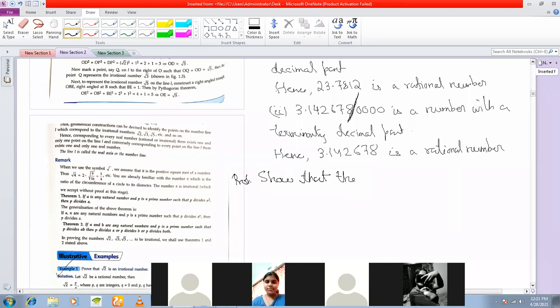All these you're going to do in your copy. Show that the following repeating decimals are rational numbers.